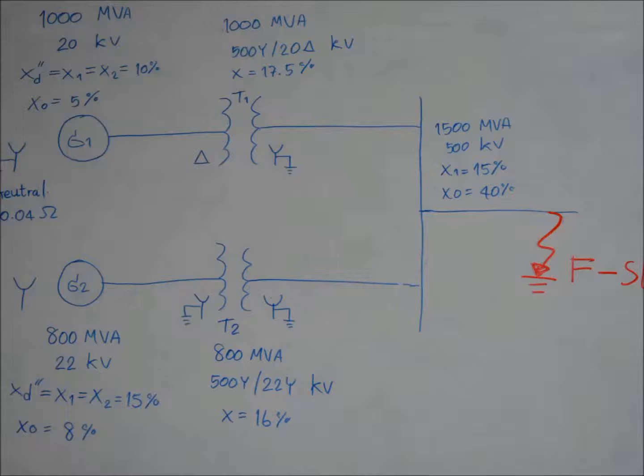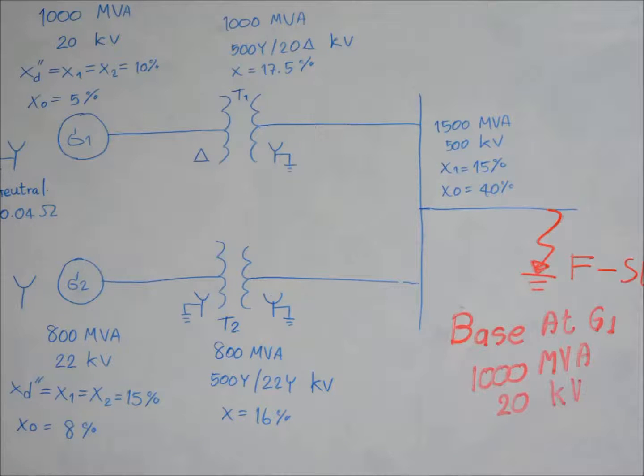The neutral of generator 1 is grounded through a reactance of 0.04 ohm. The neutral of generator 2 is not grounded. The neutrals of all transformers are solidly grounded. Work on a base of 1000 MVA and 500 kV.